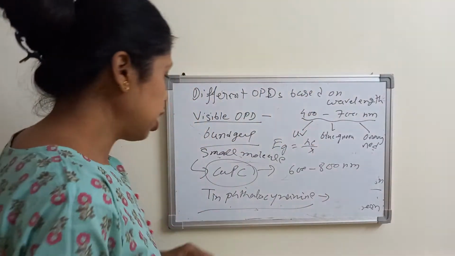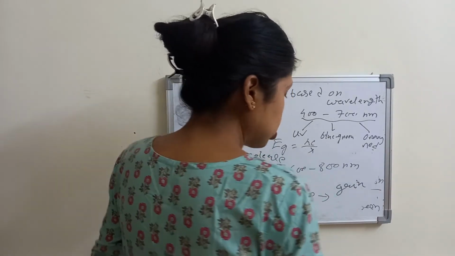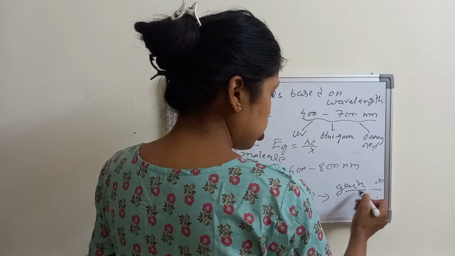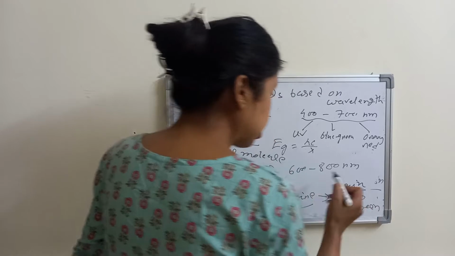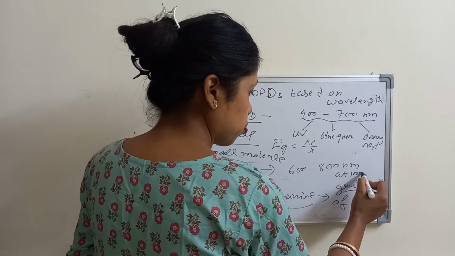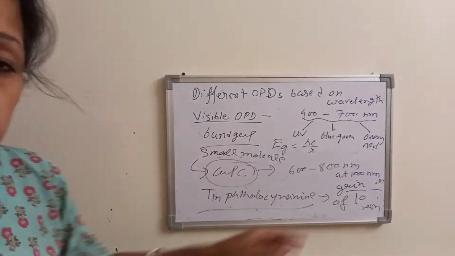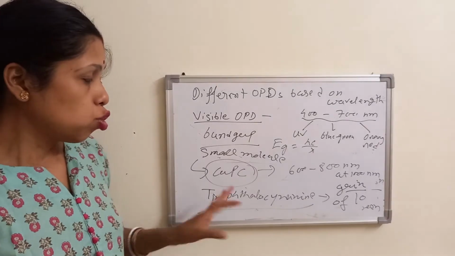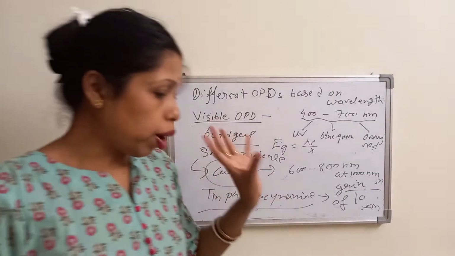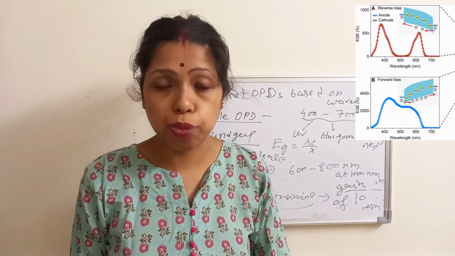So a tin phthalocyanine based OPD was designed for which a gain of 10 was achieved at 1000 nanometers. That means this OPD can also be used in the near infrared region.